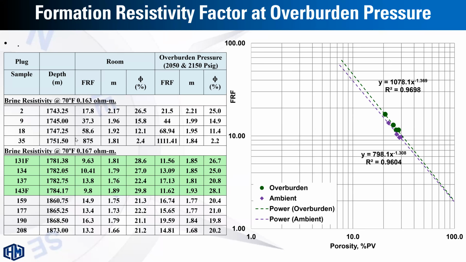So this is the calculated formation resistivity factor at overburden pressure. This is the value of M, as you can see, for different plugs. It's less than 2, but it can be considered as a value of 2, which is a widely used value, but the correct workflow is to use the formation resistivity factor measurements.